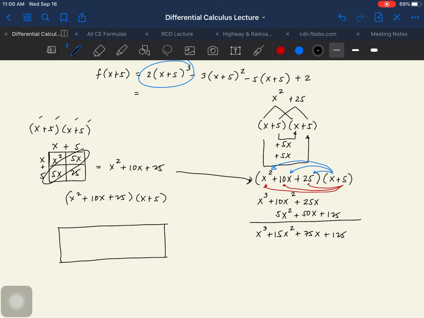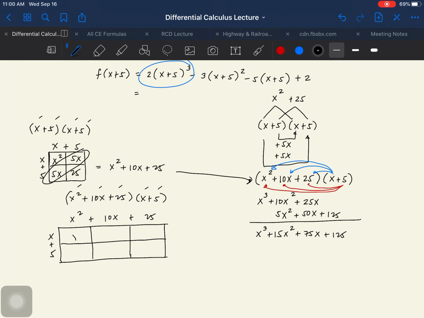Again, the number of small boxes depends on the number of terms. How many? 1, 2, 3. So we will be using 3 columns, and then we will be using 2 rows. This is your x squared, 10x plus 25. This is your x plus 5.